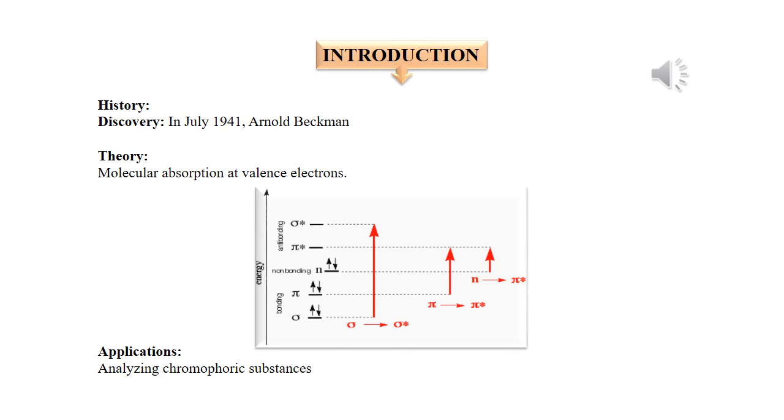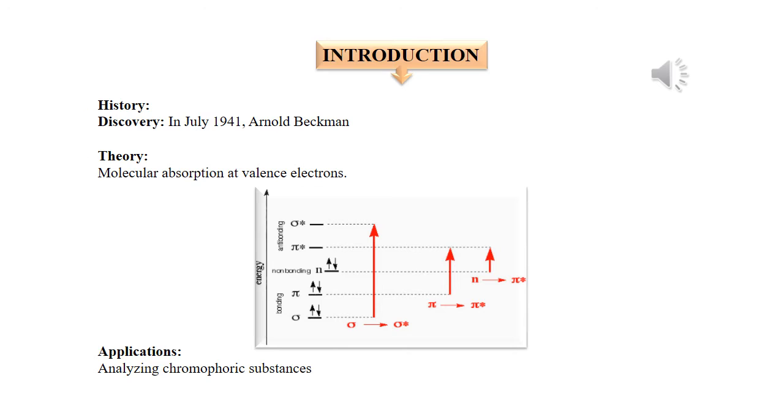When it absorbs UV visible radiation as electromagnetic radiation, it goes to the excited state. What are the bonding electrons? Sigma and pi electrons. Non-bonding electrons are called n electrons. When they move to the excited state, it is mentioned with a star.